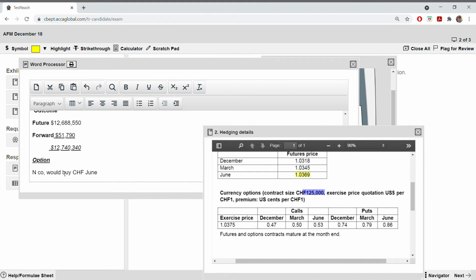You have to write Swiss franc June put option. Now, this is number one for option. Whatever you do for future, the same steps follow. There we said June future, here we say June put option.